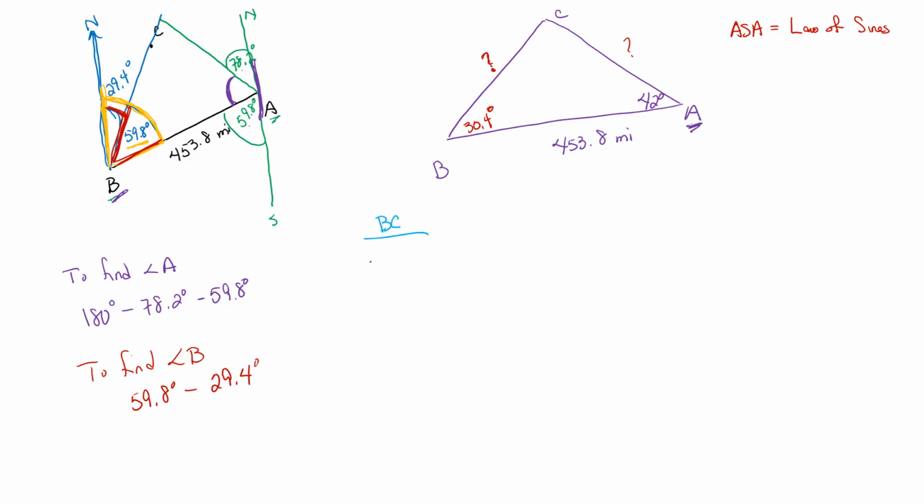So I'm trying to find the distance from B to C, and I am going to divide that distance by the sine of the angle opposite it, which is 42 degrees. And, I know I have 453.8 miles, but I need to divide it by the sine of the angle opposite that, which is this angle C, isn't it?